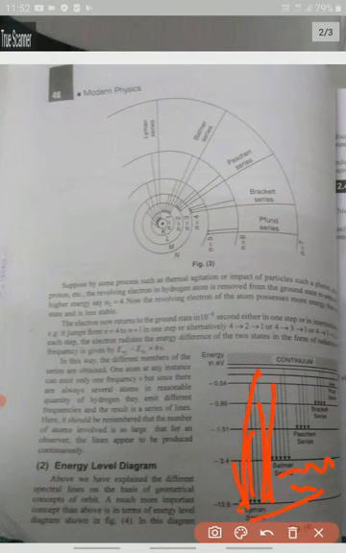Electrons are jumping from all higher energy levels to the ground state. We already know that n equal to 1 is called the ground state or unexcited state. That spectral series we call the Lyman series.